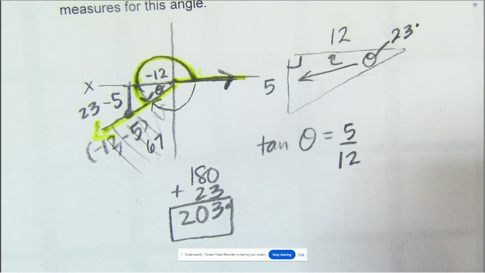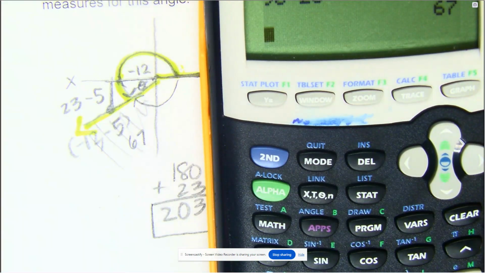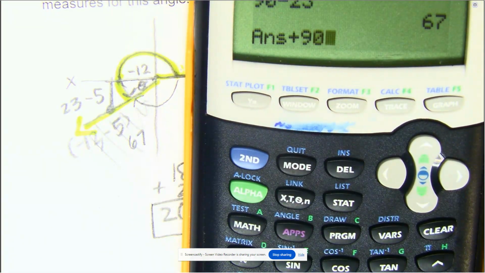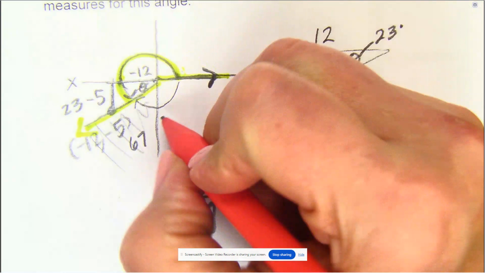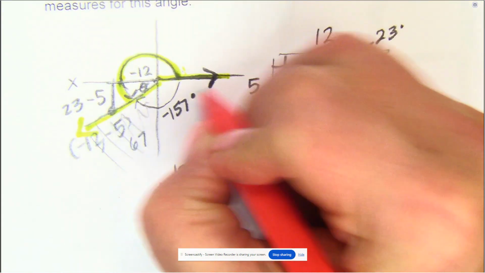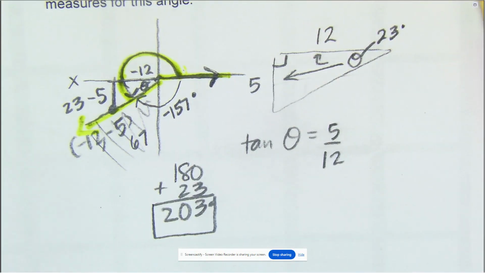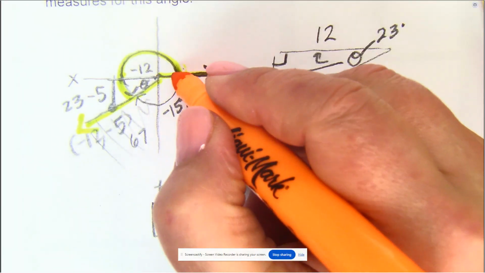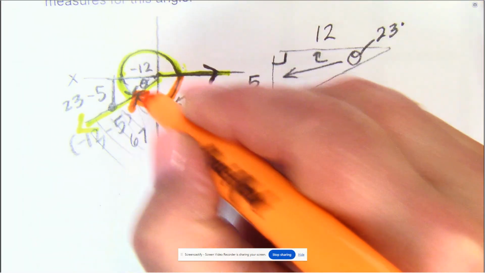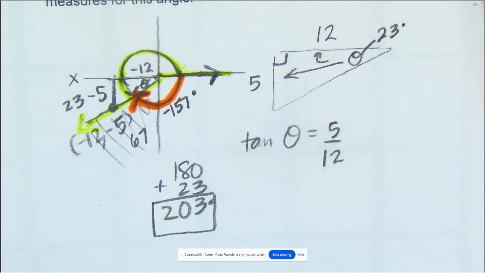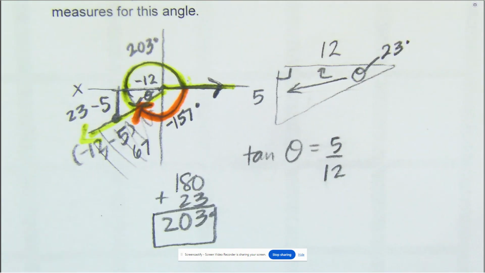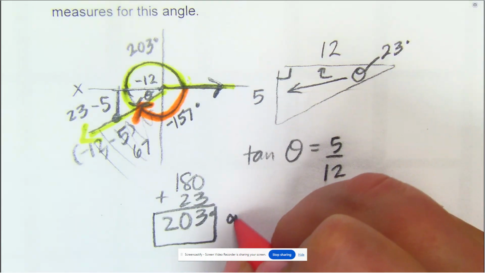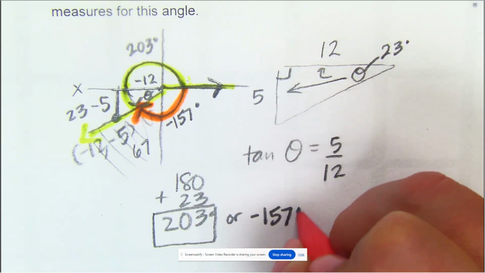So that would be negative 157 this way. So either 203 or, again, you could do negative 157.